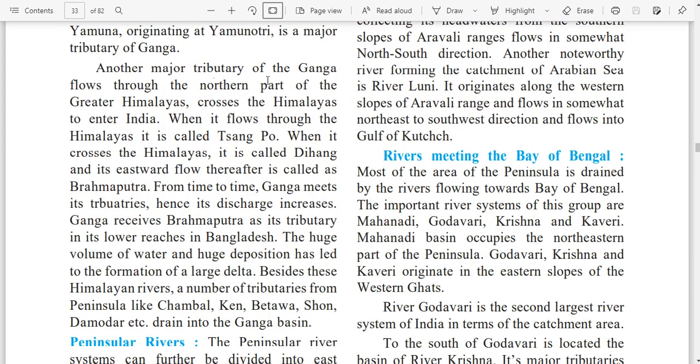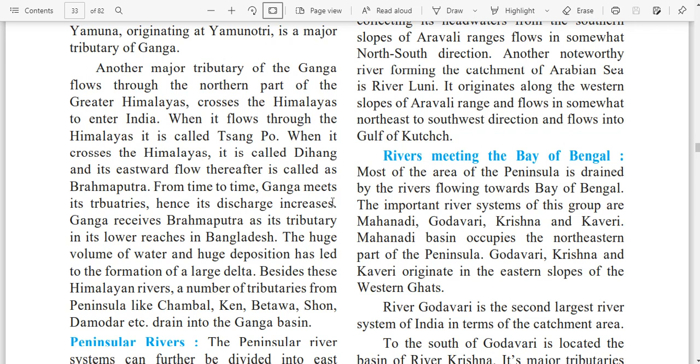Another major tributary of the Ganga flows through the northern part of the Great Himalayas, crosses the Himalayas to enter India. When it flows through the Himalayas, it is called Sangpo. When it crosses the Himalayas, it is called Dihang, and its eastward flow thereafter is called Brahmaputra.